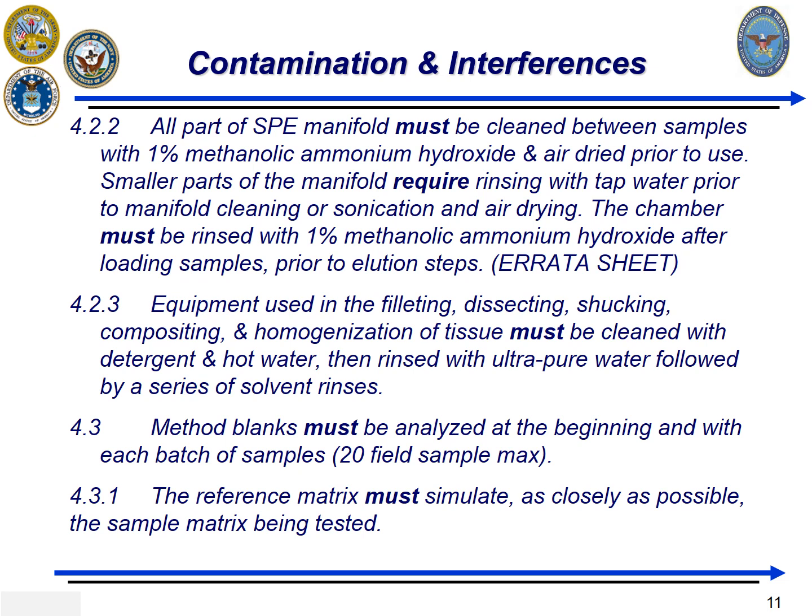Section 4.3 states method blanks must be analyzed at the beginning and with each batch of samples. Section 4.3.1 states the reference matrix must simulate as closely as possible the sample matrices being tested.